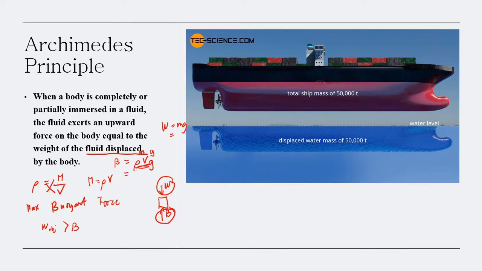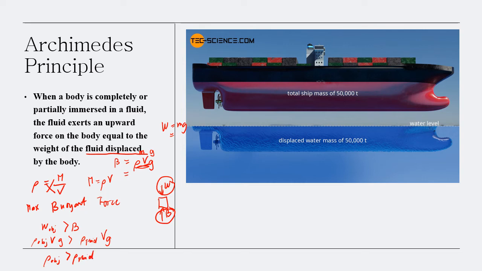So let's go back. If the weight of the object is much greater than the maximum buoyant force, meaning the fully submerged object, then the density of the object times the volume of the object times gravity is greater than the density of the fluid times volume times gravity, meaning the density of the object is greater than the density of the fluid.